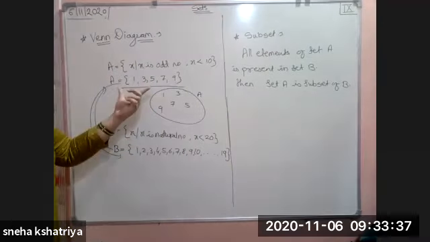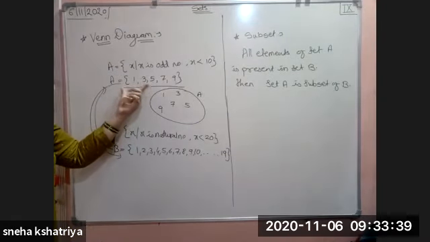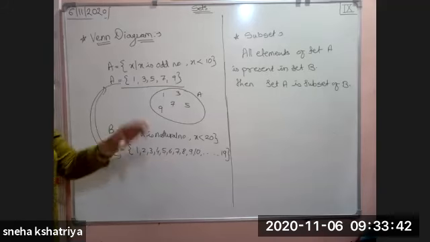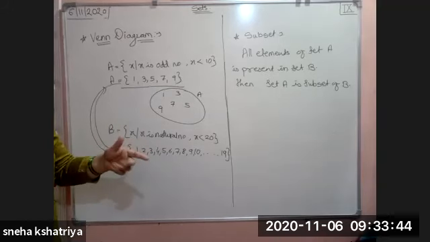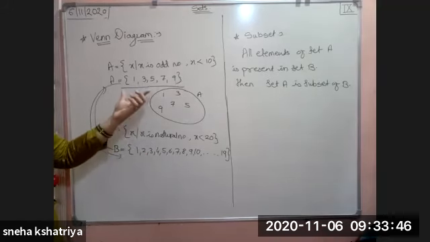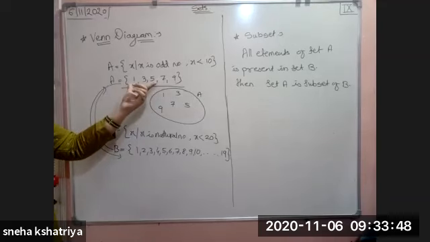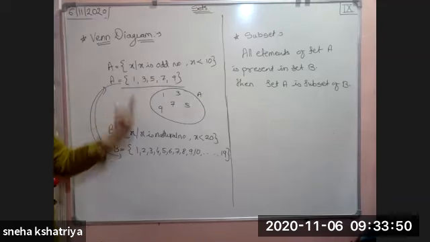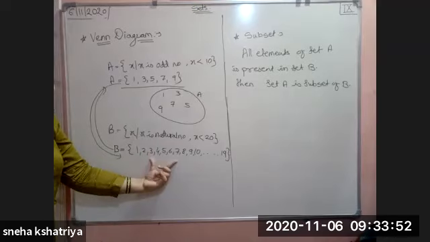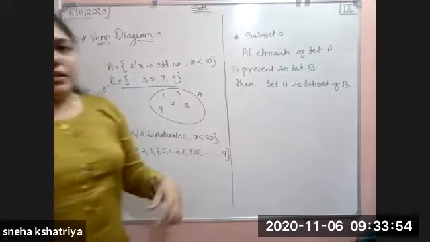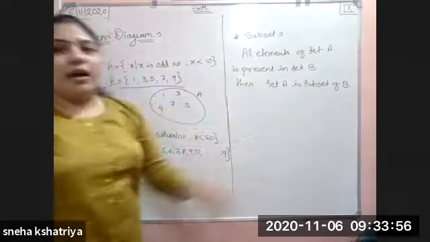See here, all the elements of one set are present in another set. In the definition of a subset, we can say if all the elements of one set are present in another set, then it is a subset of the other set.